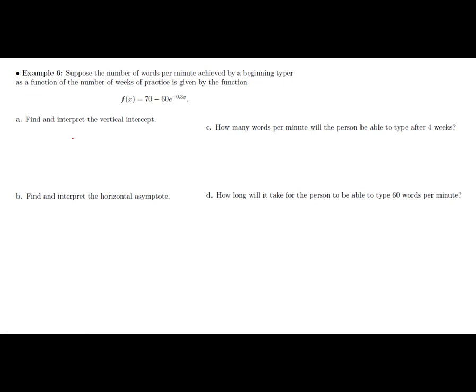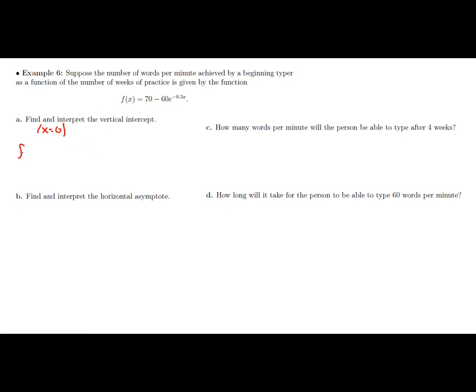Okay, so let's remember first of all that the vertical intercept is when x is equal to 0. Now, when you're talking about a linear function or even a quadratic function, a lot of times you just kind of get lazy and say, well, it's just the term that doesn't have an x in it. But you can't do that with exponentials, right?